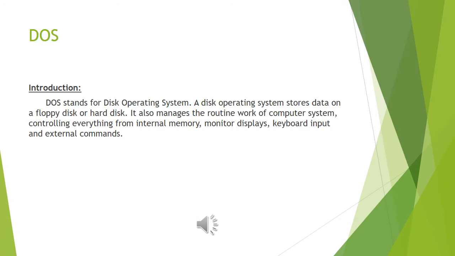It also manages the routine work of the computer system, controlling everything from internal memory, monitor displays, keyboard input and external commands. Without an operating system, we cannot run the computer system, and it is useless without an operating system.